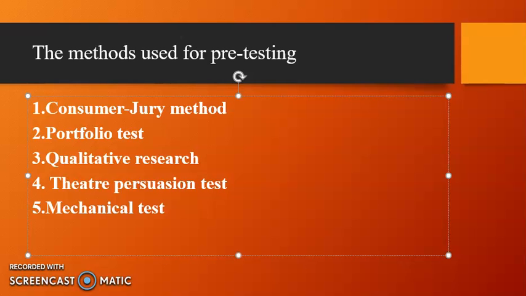In that, the first method is the consumer jury method. In this method, the so-called potential buyers or prospective buyers, who we expect will buy the product, are asked to rate the advertisement. Such a group of consumers are asked to rate the advertisement, and then rank the advertisements according to their order of preference.